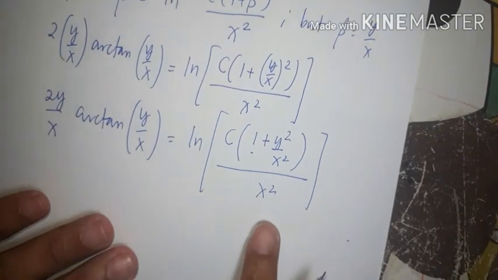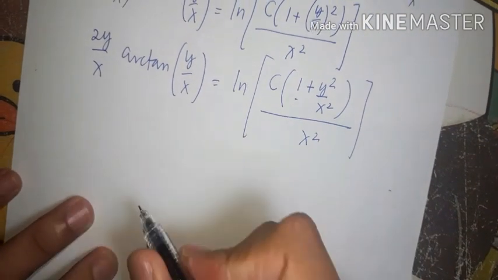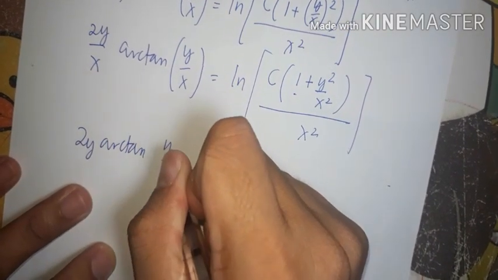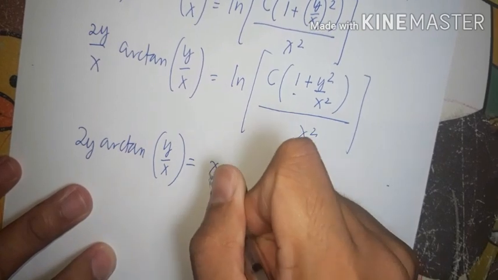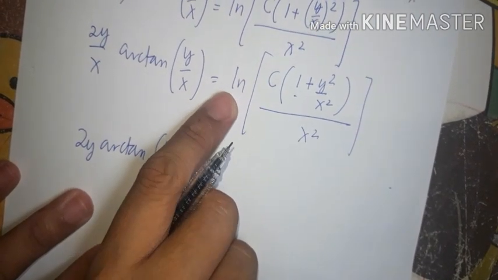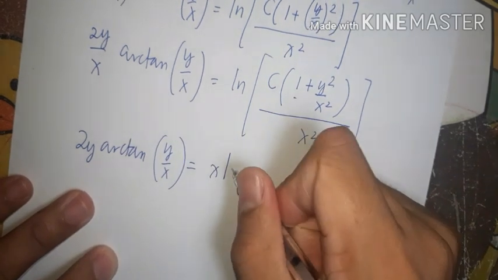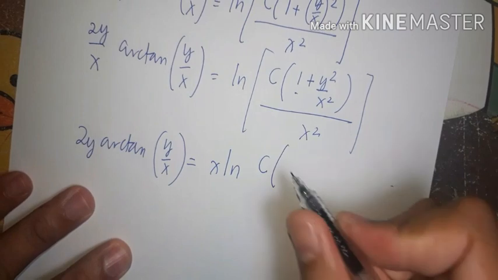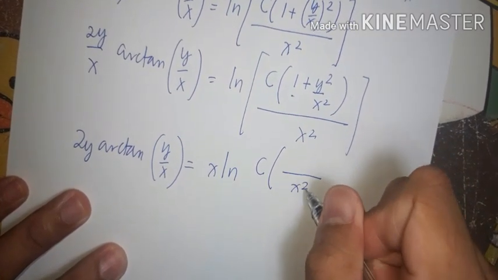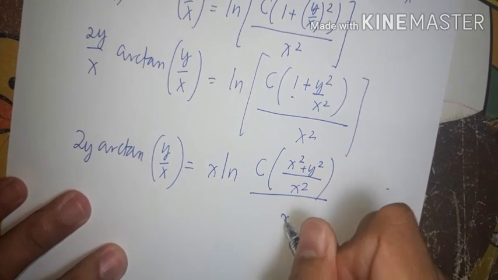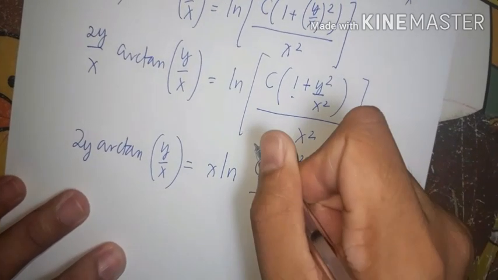So again, meron tayong LCD dun sa numerator. So this is 2y arctangent y over x. Cross multiplying, yung x pupunta dun sa mumultiply natin kay ln of c times the quantity. LCD is x squared plus y squared all over x squared.